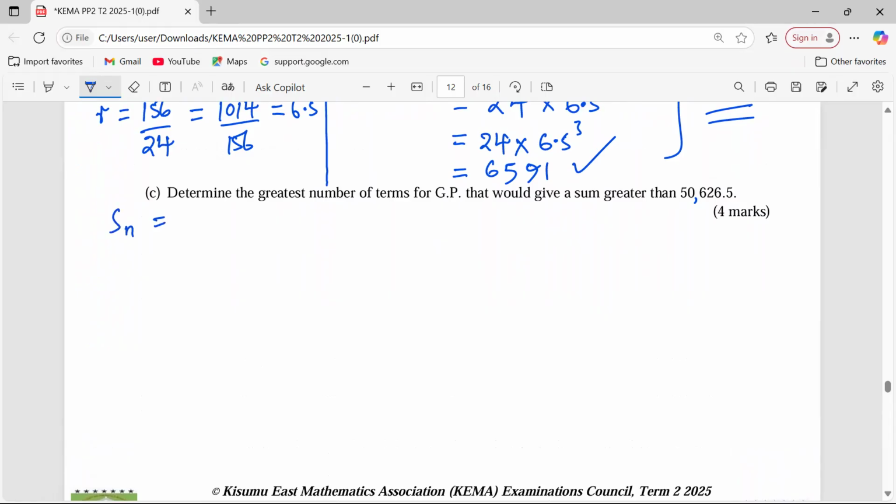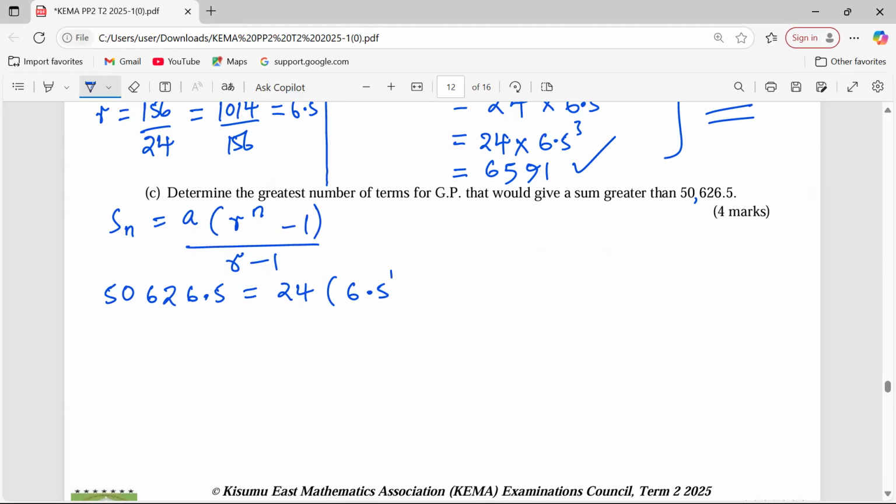The sum of a given number of terms is usually given by A into R power n minus 1, divided by R minus 1. Therefore, the sum is known. 50,626.5 is equal to the first term, 24, into R, 6.5, raised to unknown n, then minus 1, out of R, 6.5, minus 1.